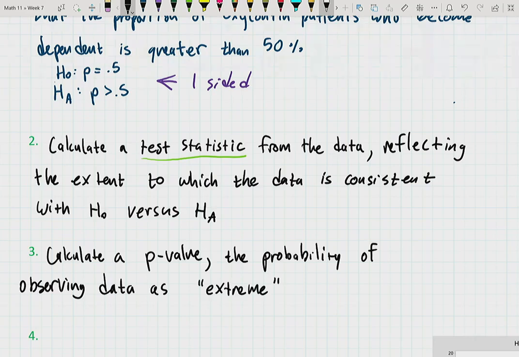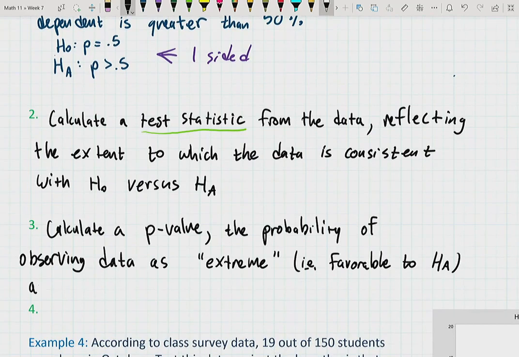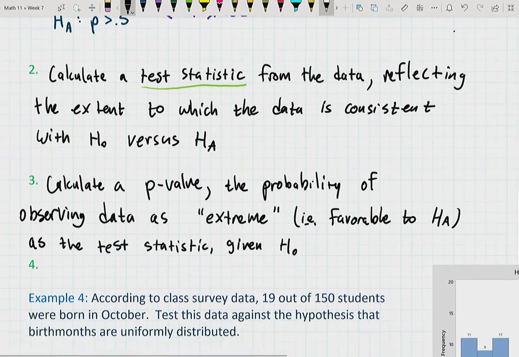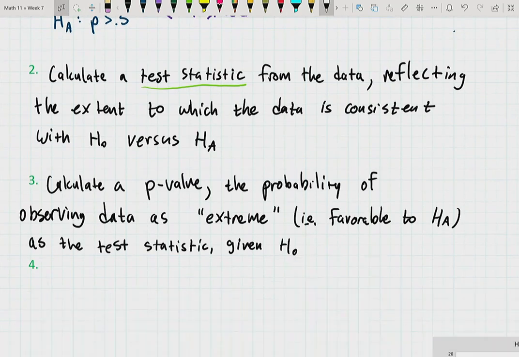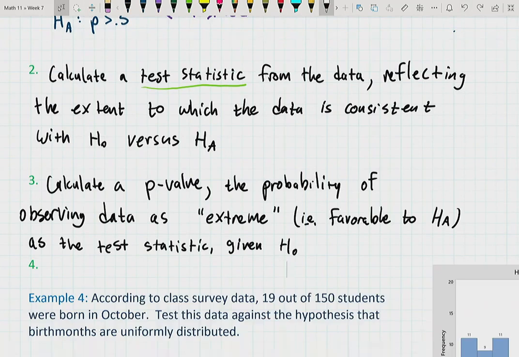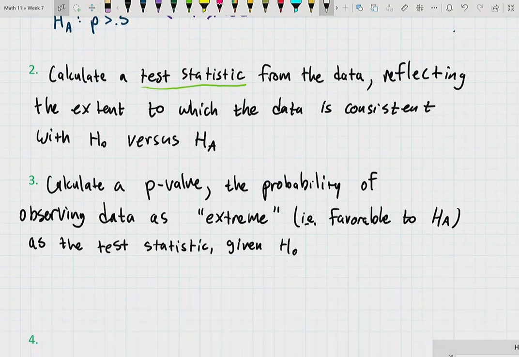Extreme means in favor of the alternative hypothesis. Okay, so that's the p-value.